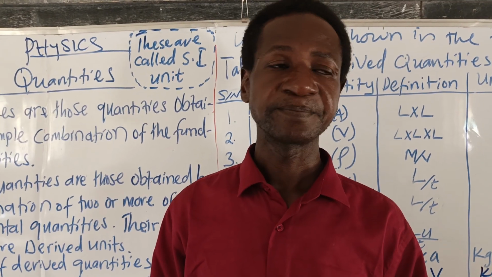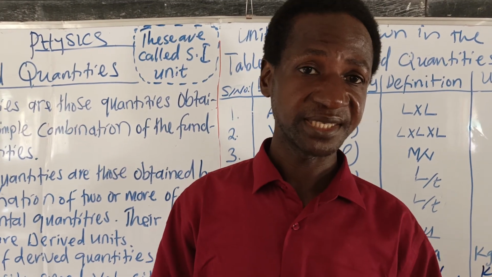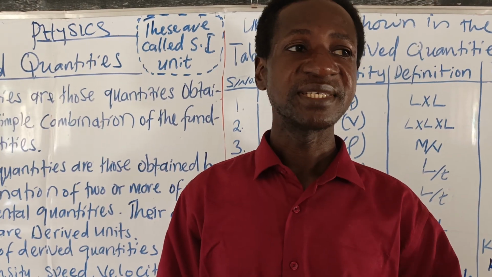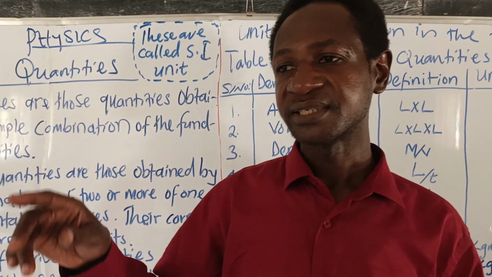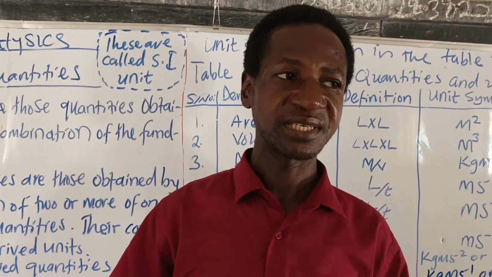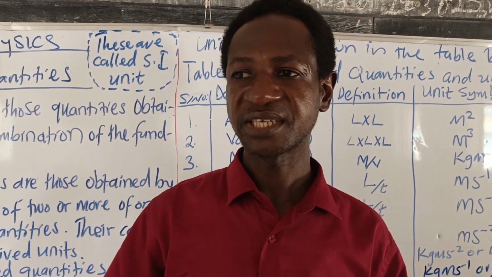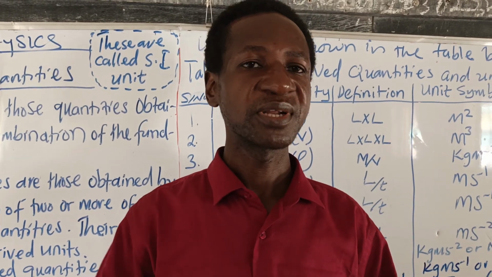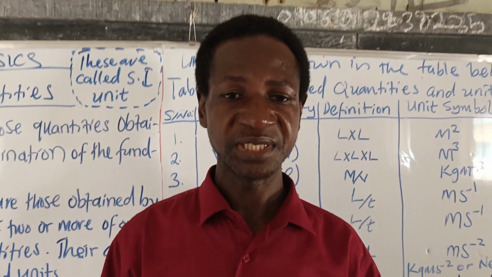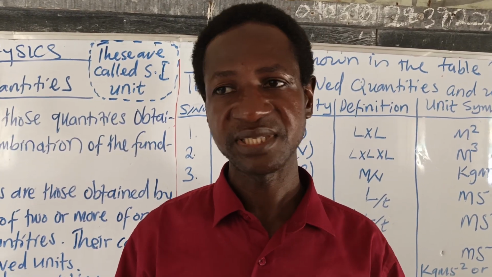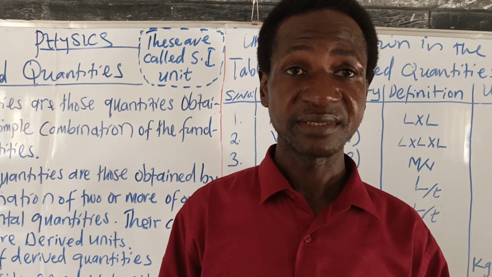They are accepted and can never change. That is why they are called standard international units, SI units, or the internationally accepted system of units. So these are some of the derived quantities that we have and their units.